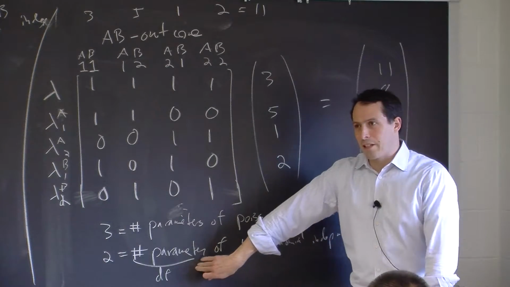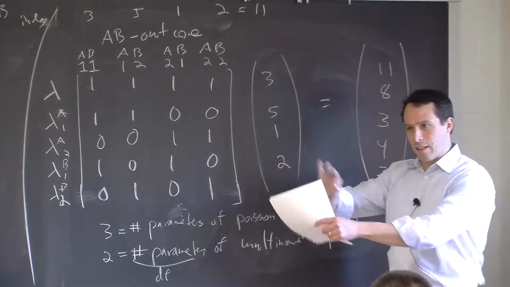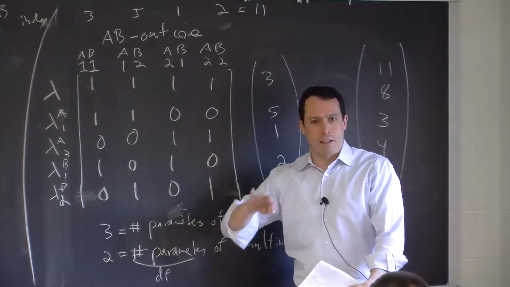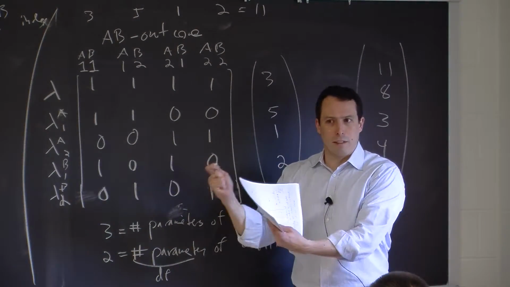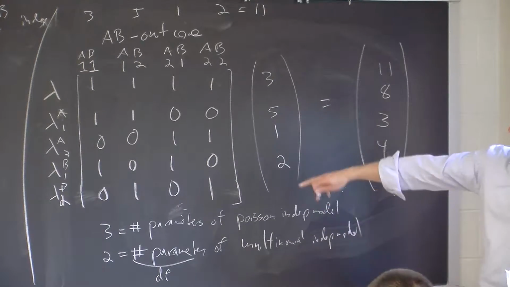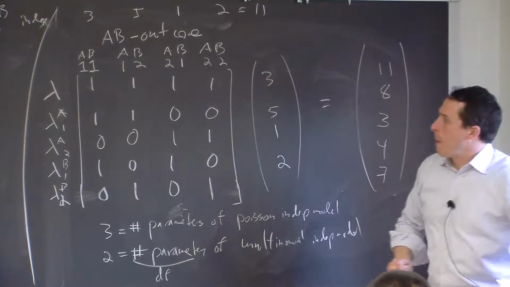From drawing the picture of the multinomial model, you also know this is the dimension of something, right? It's the dimension of that independent surface. The reason it's not 3 is because everything on that surface assumes that the probabilities sum to 1, right? So how do I get 3 and 2 from that matrix? I can read them off. They have nothing to do with this.